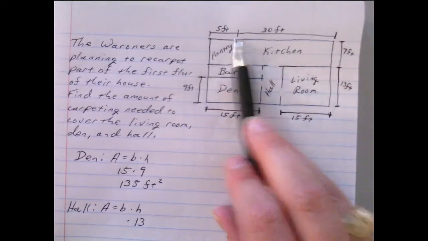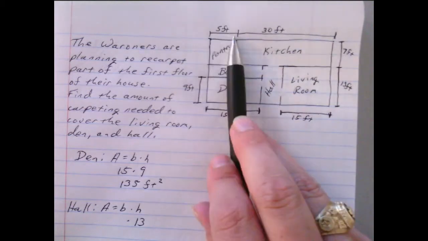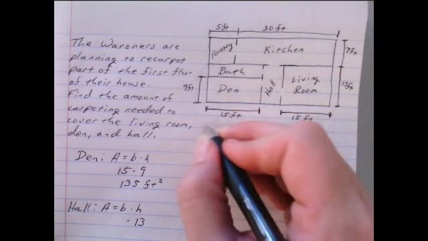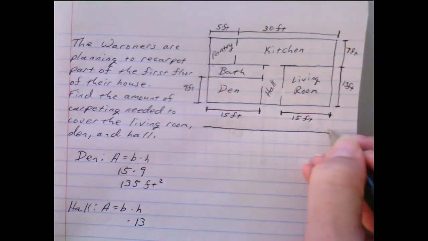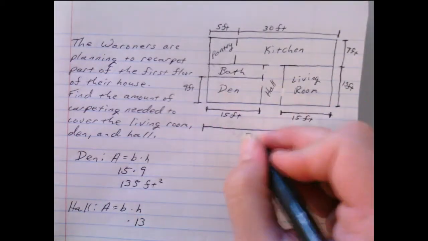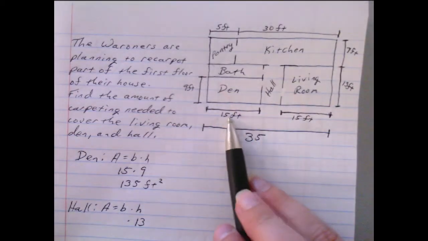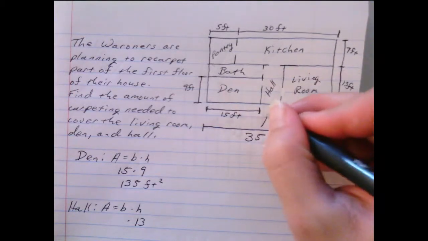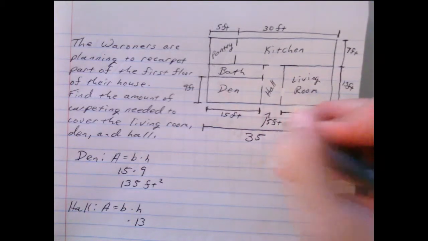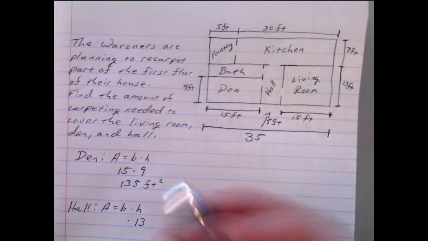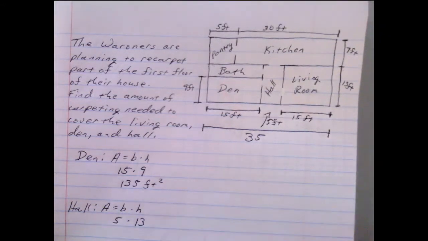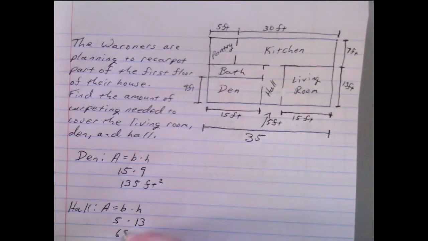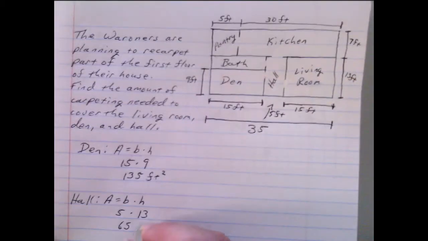Sorry, let me scoot that down. This is 30 across the kitchen and this is 5. So the total length would be 35. So if I have 15 and 15, that gives me 30. So then I know that this is 5 feet. Okay, so I can put that down here for 5. So then my hallway would end up being 65 feet squared.